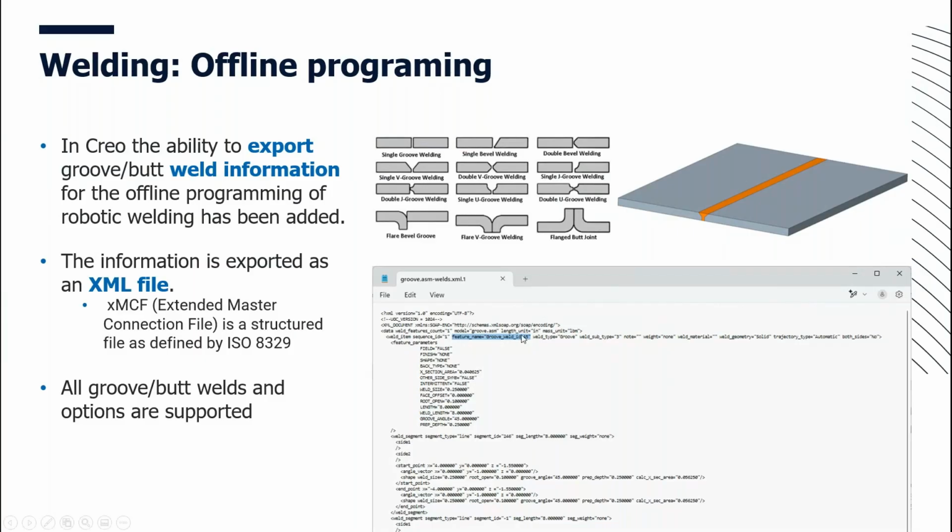Because it starts with, you see the text here a little bit, this is the weld that we're doing with some parameters, but also start point and end point on the XYZ. So you can push that into a weld robot, and weld that automatically. Very cool.